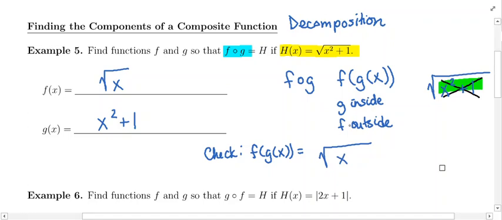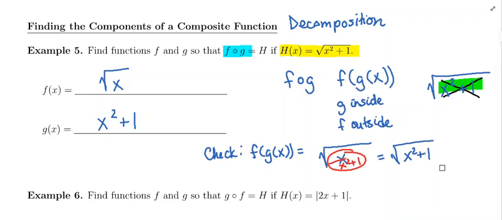Then I'm going to find my x and replace it with g of x, which is x squared plus 1. So I do end up with the square root of x squared plus 1. It's right. That's all you have to do. Look at it in terms of inside function, outside function, but you've got to pay attention to the order of composition. That's really important.